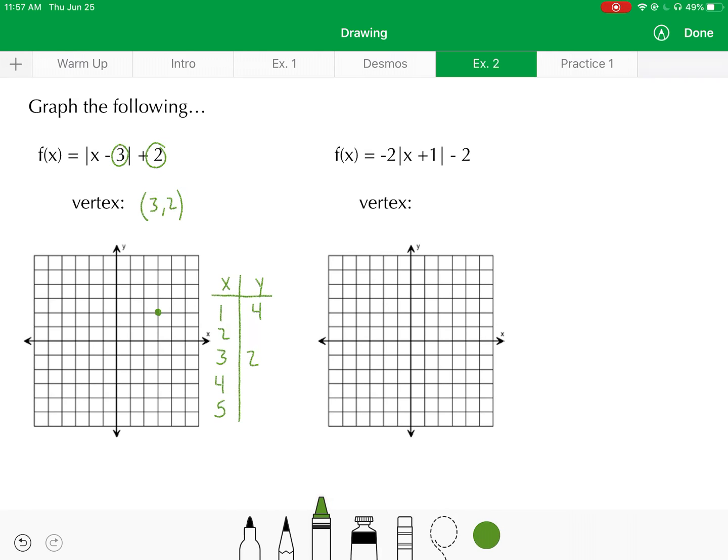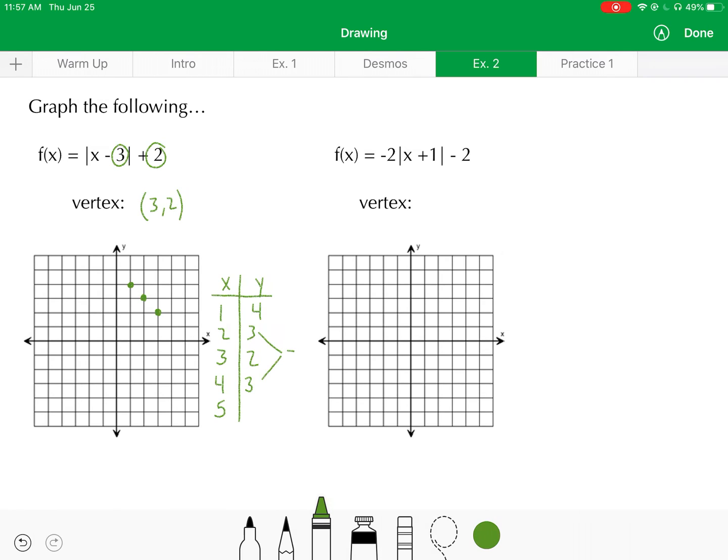So we're plotting 1, 4. If I were to plug 2 in, 2 minus 3 is negative 1, the absolute value of which is 1. 1 plus 2 gives me 3. And then if I were to plug 4 in, 4 minus 3 is 1, absolute value of which is still 1. 1 plus 2 is also 3.